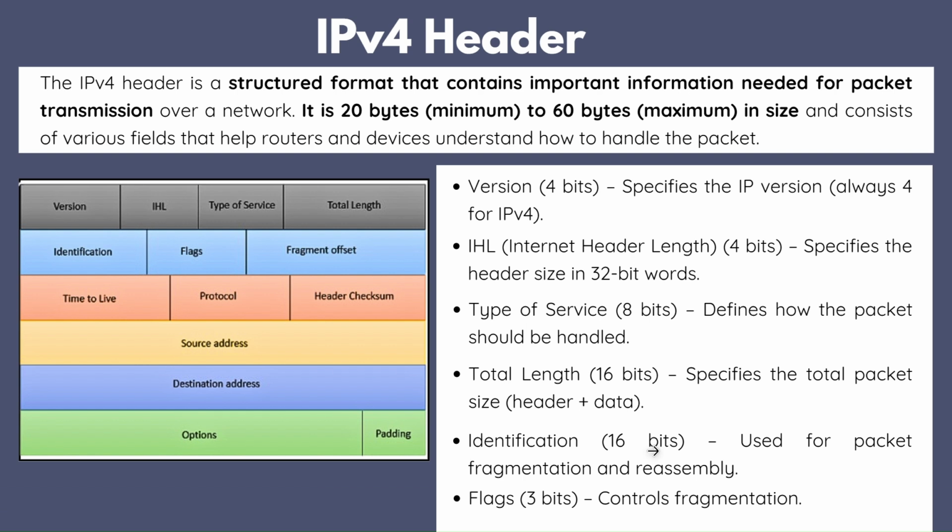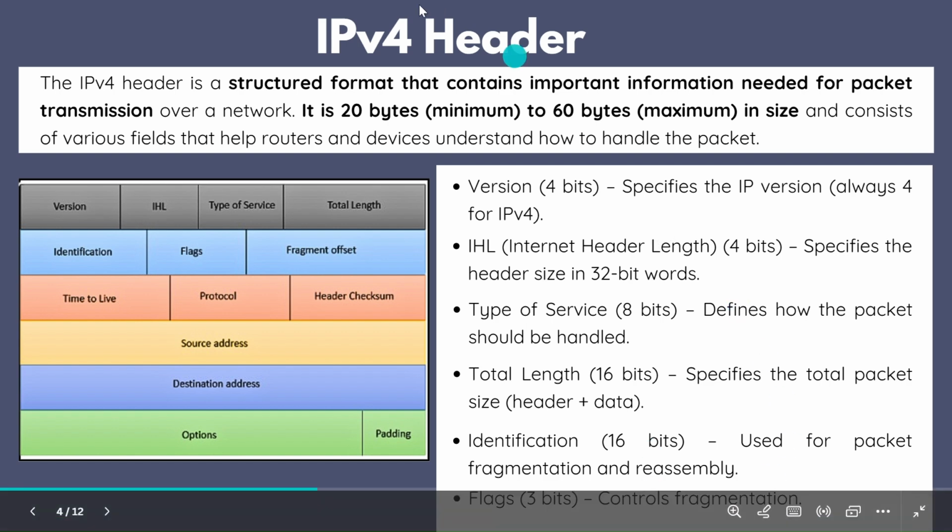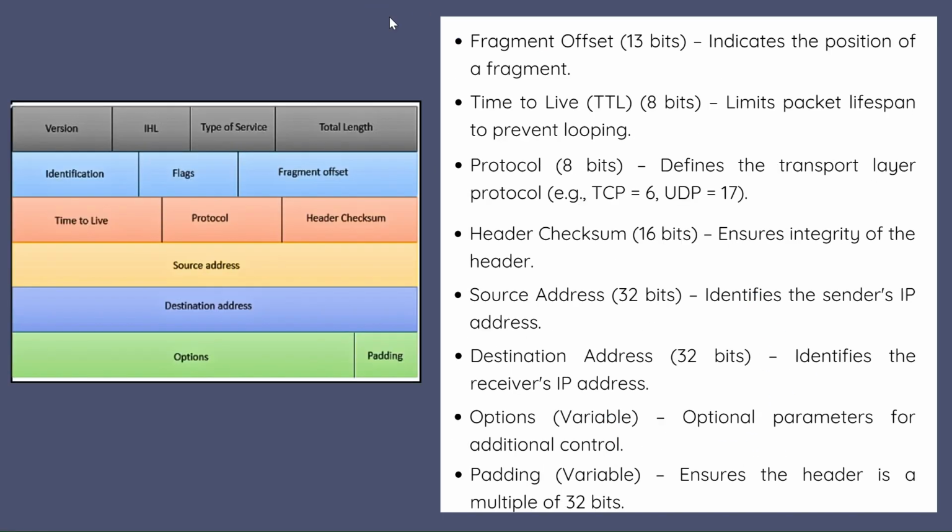Next is flags, which is of 3 bits, which controls the fragmentation. Next is fragment offset, which is of 13 bits, which indicates the position of a fragment. Next is time to live, TTL, which is of 8 bits, limits the packet's lifespan to prevent looping.